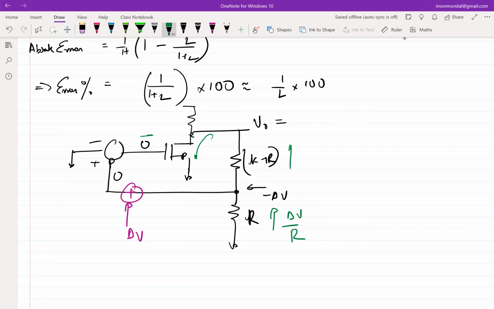So the same current is here, delta V by R. So V naught is minus delta V minus delta V by R times K minus 1 R, right? So this voltage and the extra drop.